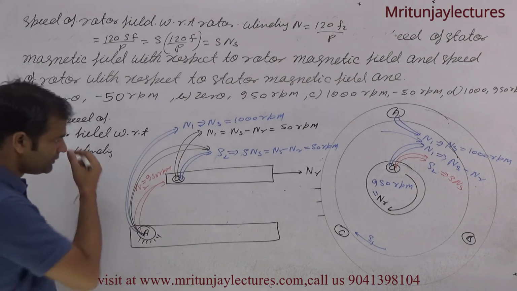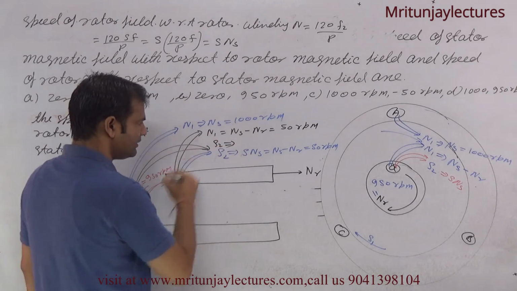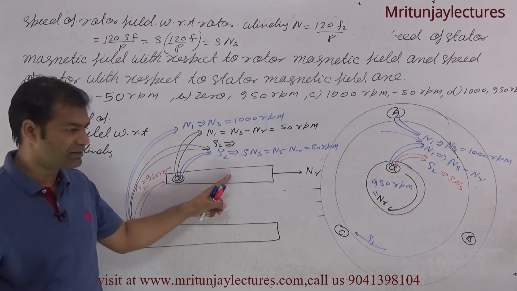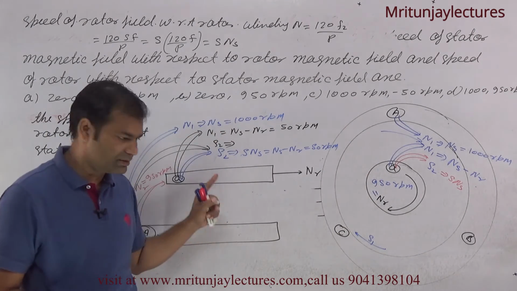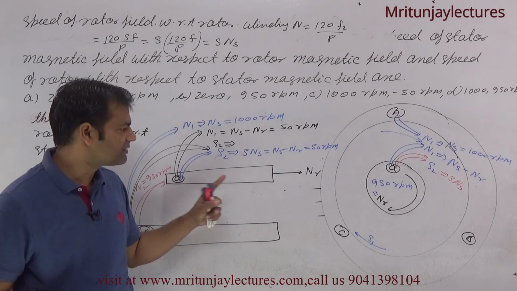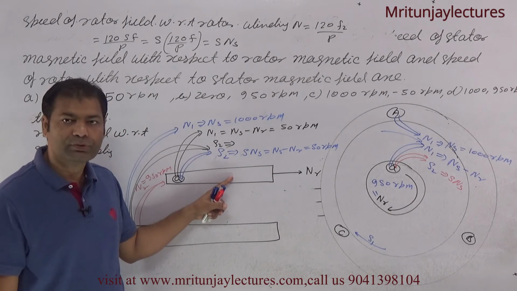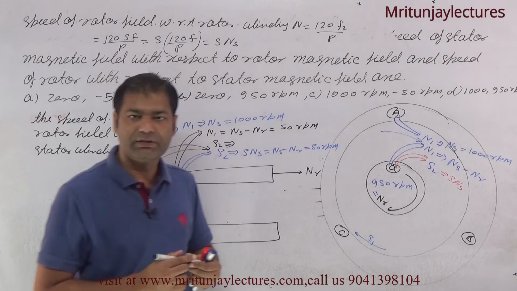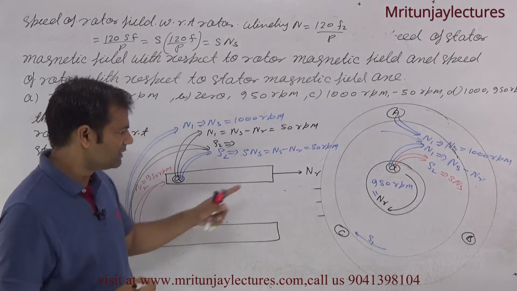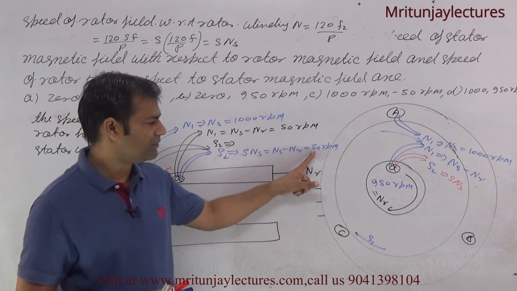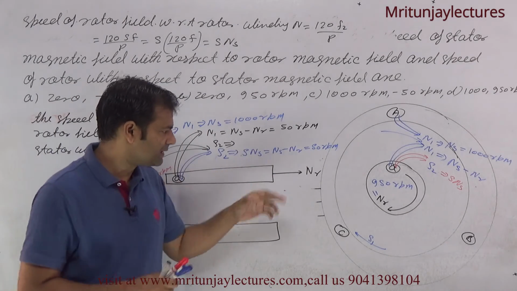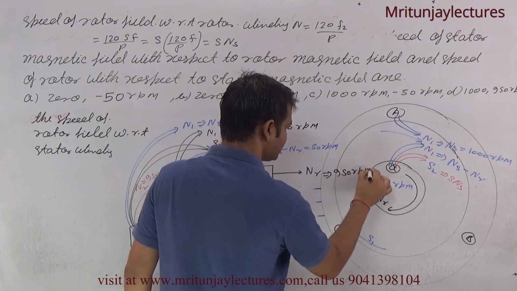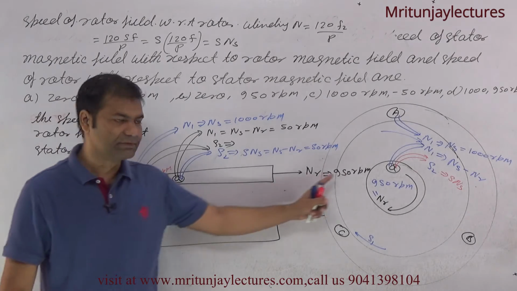Suppose this is also a train, and this is the platform. The rotor field with respect to the rotor winding is 50 RPM, like a boy running on the train in the direction of the rotor field at speed 50 RPM, and NR is also 950 RPM in the direction of NR.